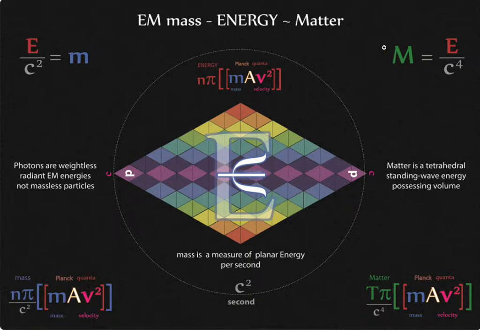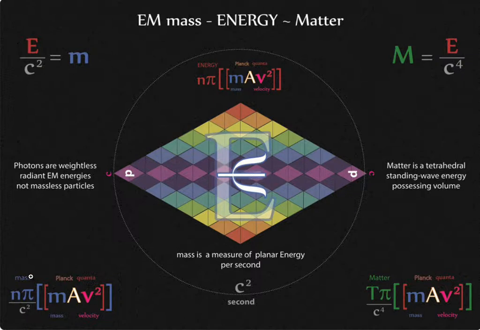And in the case of matter, they're energy measurements per volumetric space, or three-dimensional space. So matter itself is a standing wave tetrahedral geometry. Mass is a planar or Euclidean two-dimensional energy form.